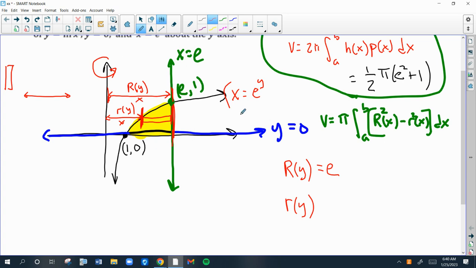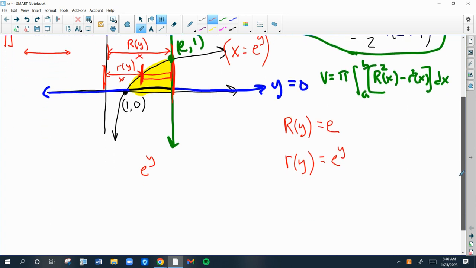So this value of x is exactly e to the y, because x is e to the y, and then minus x equals 0. So little r of y is e to the y. So we're basically done; all we have to do now is evaluate.